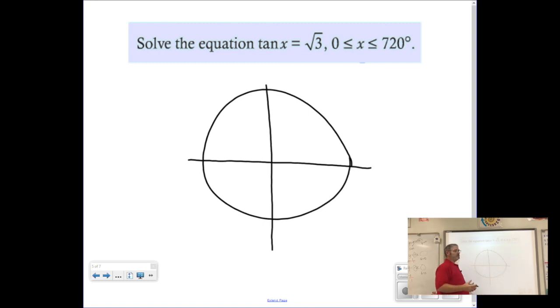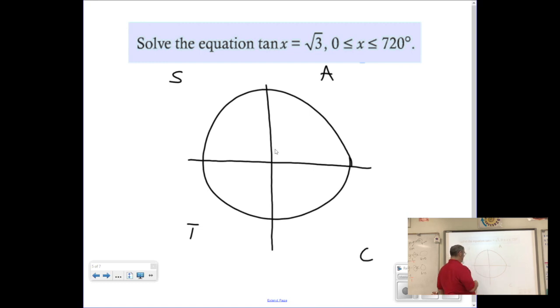Now, tangent of square root of 3. That would be the tangent of 60 degrees. And it's positive, so tangent is positive. Remember, all students take calculus. Always remember, with these problems, there's always going to be 2 possible directions. Both of them in the positive direction in this case.